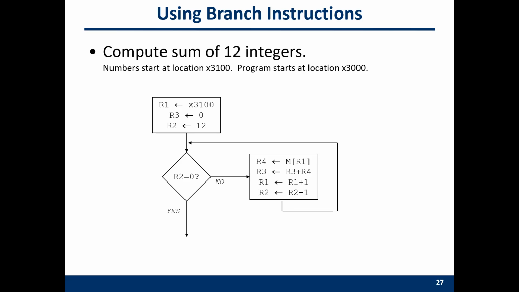If register 2 is equal to 0, it means that you finish the accumulation of the 12 numbers. Why? Because first you initialize R2 to 12, so it's a kind of counter.